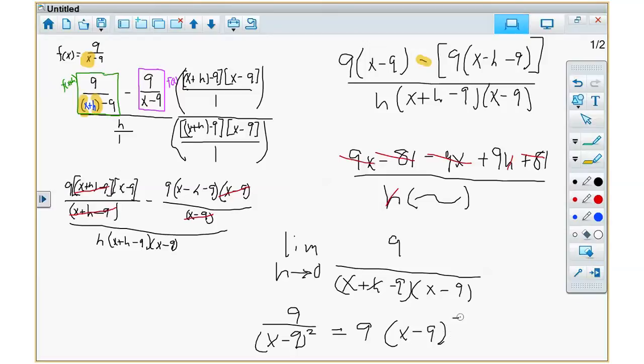Why did you cross out the h? Right here? Yep. That's 0. h is equal to 0, or approaching 0. Are you sure the numerator is 9? It's not negative 9? Where? Because you multiplied it, you multiplied by x minus, negative, thank you.